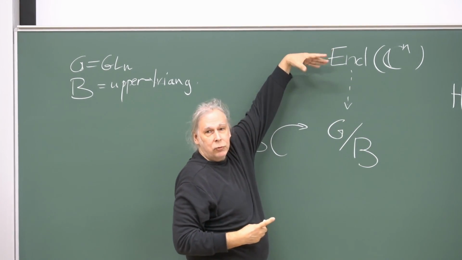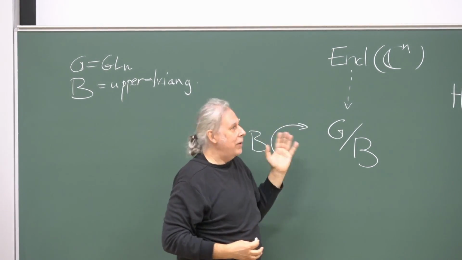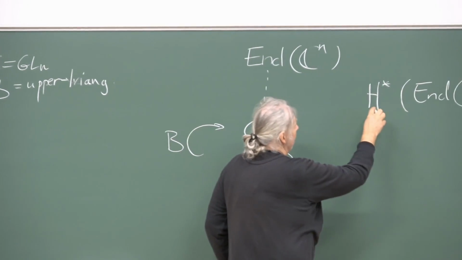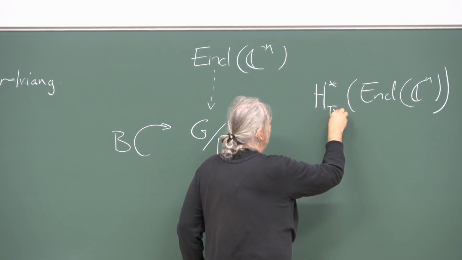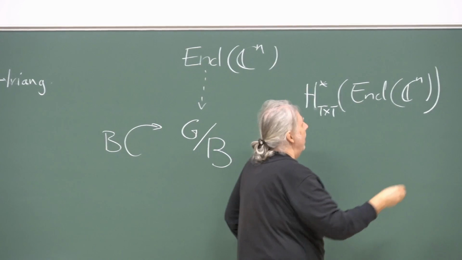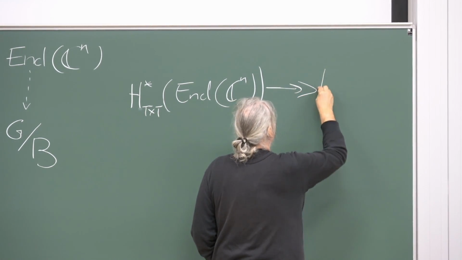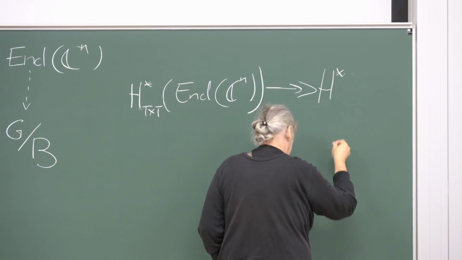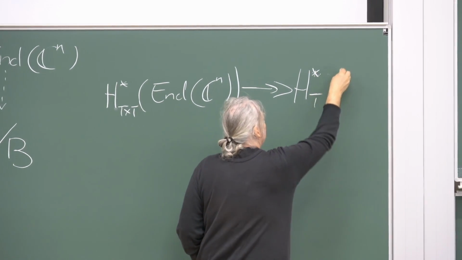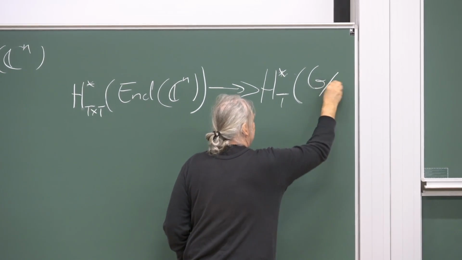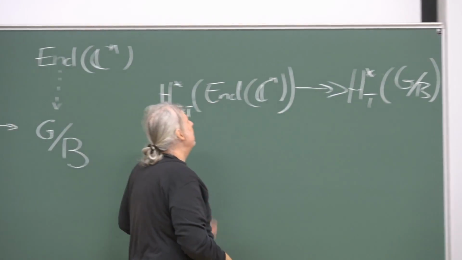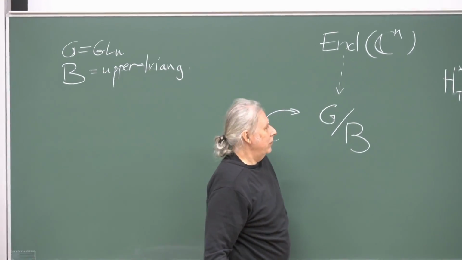But upstairs there are two Borel groups, one from the left, one from the right. But if you look at the cohomology, it's enough to look at the tori. And there is a surjection to the equivariant cohomology with respect to the torus of G over B. So this is a very basic example of a Kirwan surjectivity.